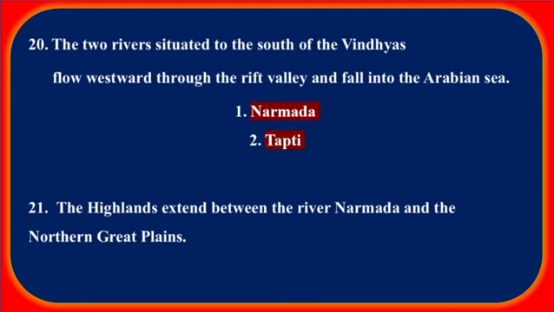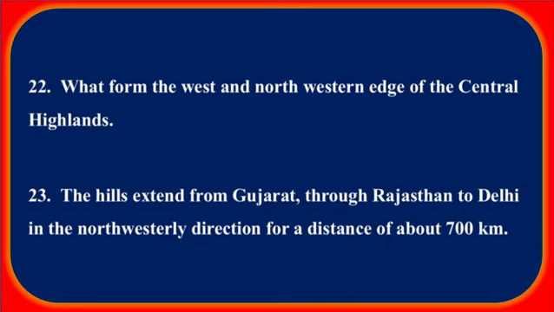Narmada and Tapti. The Central Highlands extend between the river Narmada and the northern Great Plains. What forms the west and northwestern edge of the Central Highlands? The Aravallis. The hills extend from Gujarat through Rajasthan to Delhi in a northwesterly direction for a distance of about 700 km.